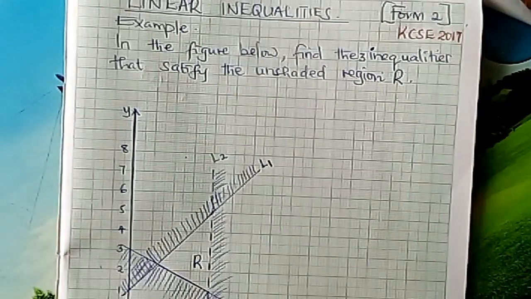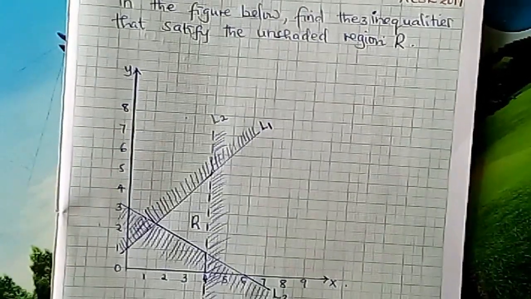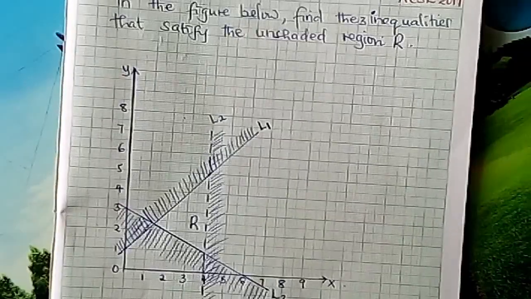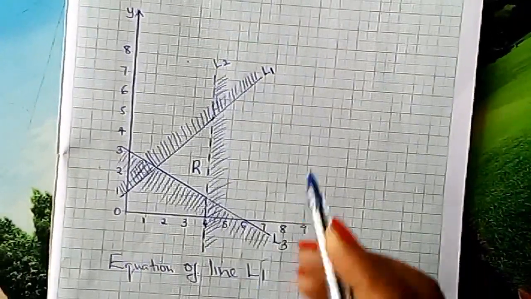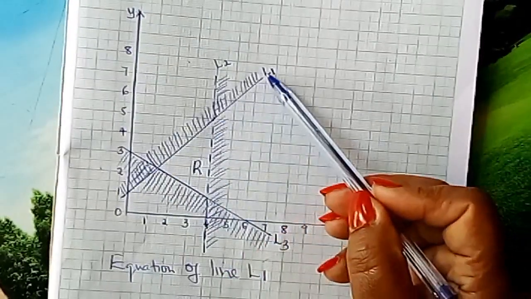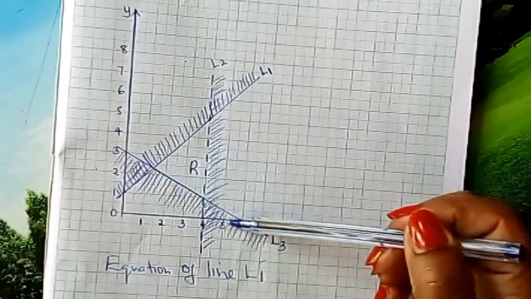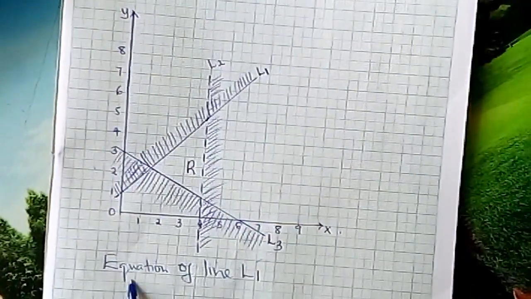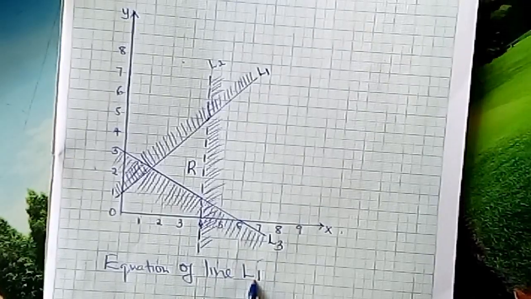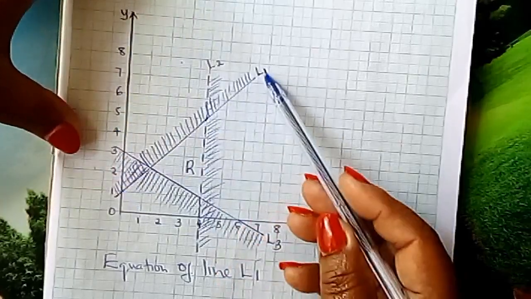You start by finding the equation of line L1. This one here. You have line L1, you have line L2, and you have line L3. So you find the equation of line L1. How do you find the equation of this line, learner?